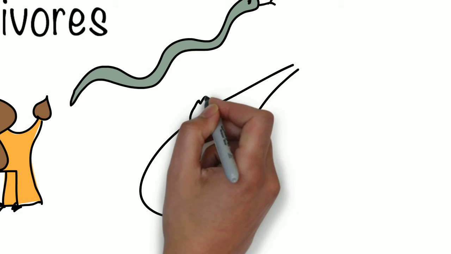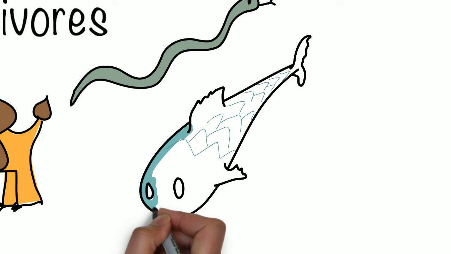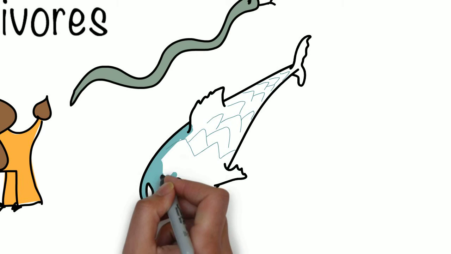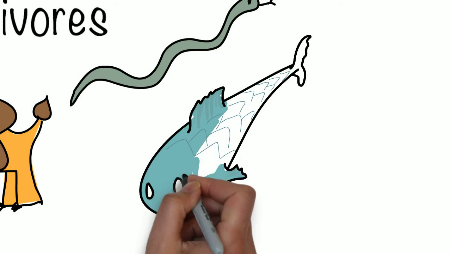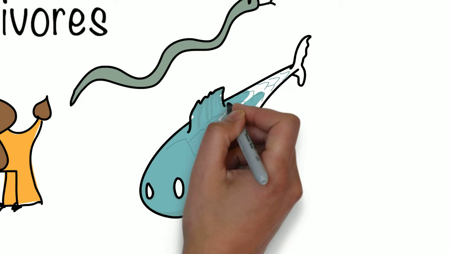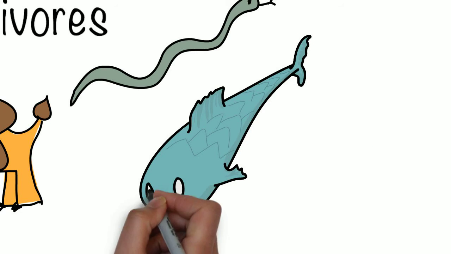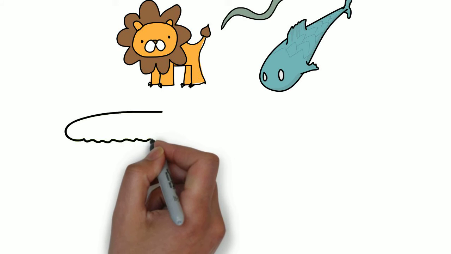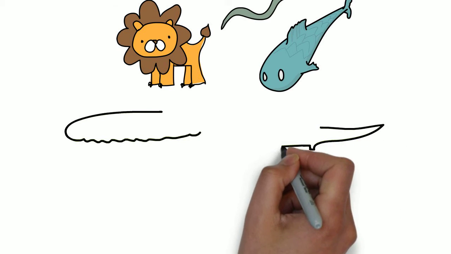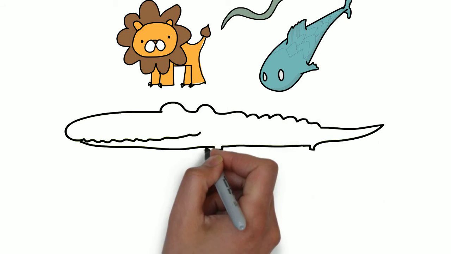Some bigger fish can be carnivores if they eat smaller fish or krill or shrimp. And one more carnivore we're going to talk about is an alligator. So we know alligators are very ferocious and they live in water, but they rely heavily on meat for their food source.